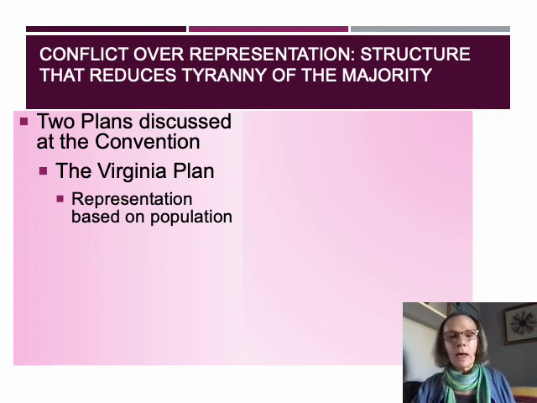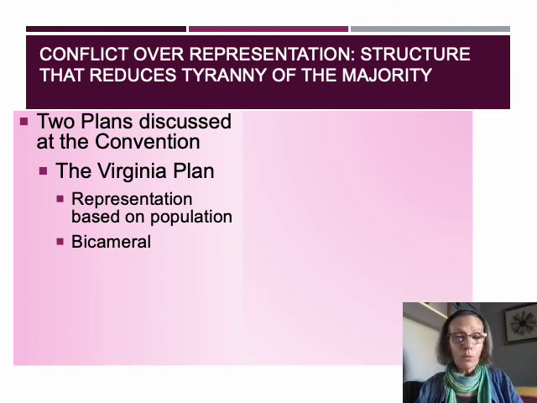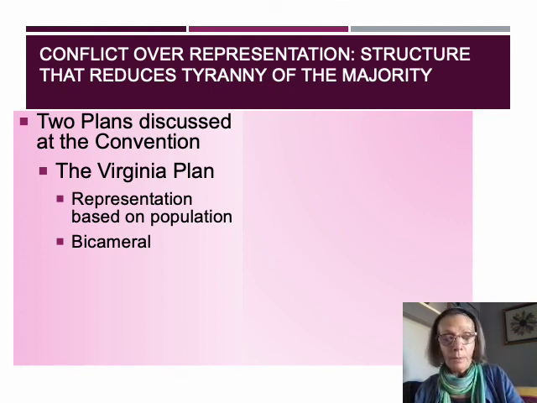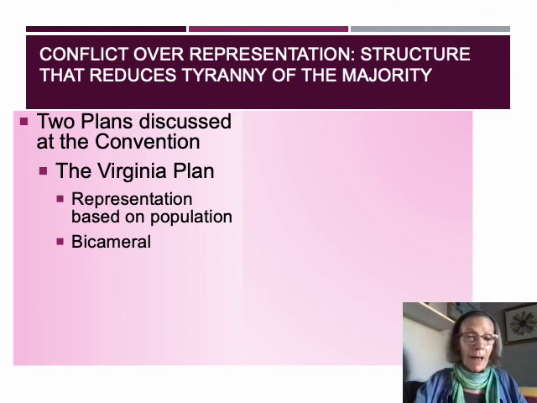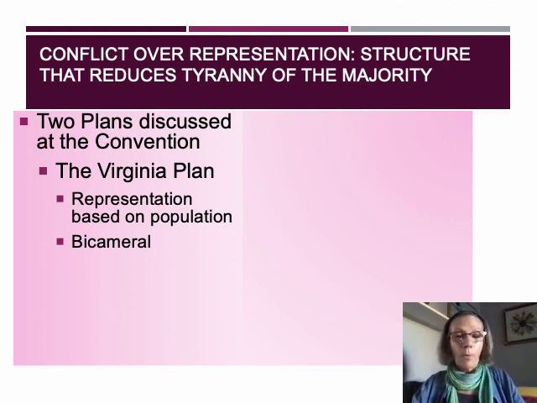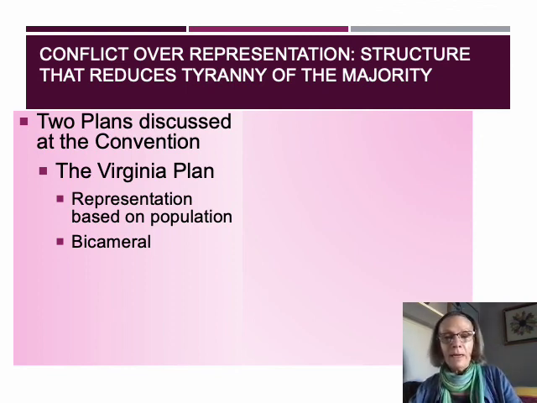They wanted Congress to be based on population, and they wanted a bicameral Congress, where one chamber, the House of Representatives, would be based on population, and so would the other chamber. So the more populous your state is, the more control you're going to have in government.